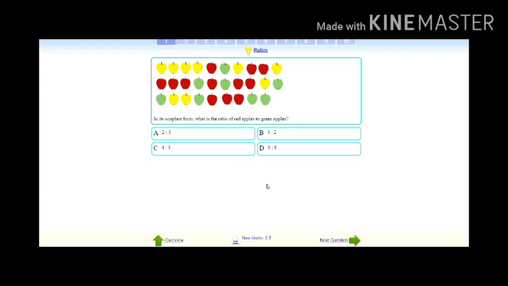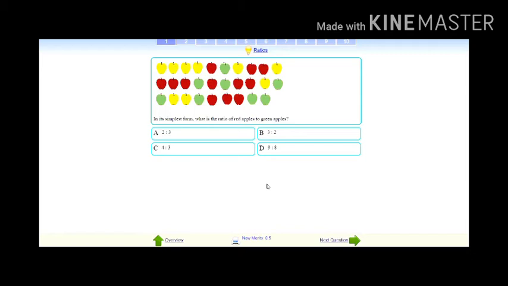You will write it in the simplest form. Red to green.